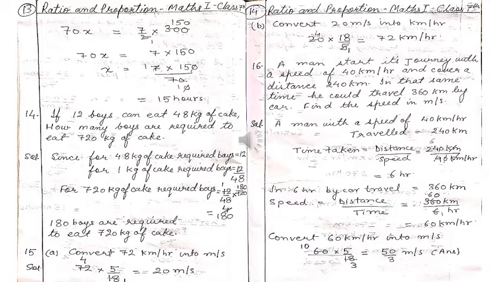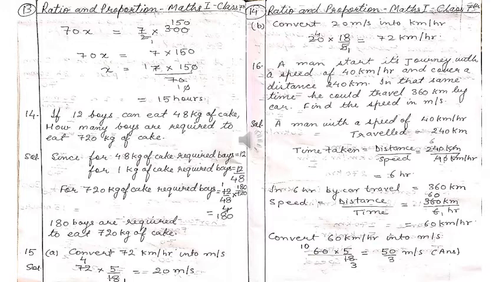Time is equal to distance upon speed, as we have discussed. Distance is 240 km and speed is 40 km per hour. Kilometer is cancelled, and 40 into 6 is 240, so cancel it with 40, so the answer is 6 hours.